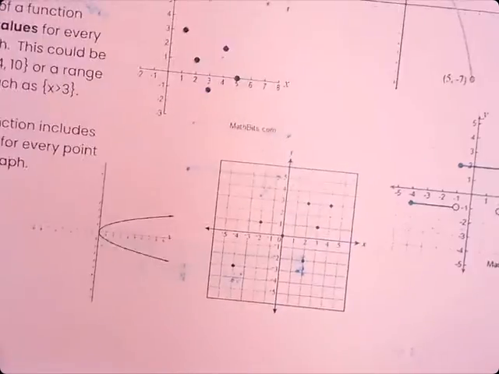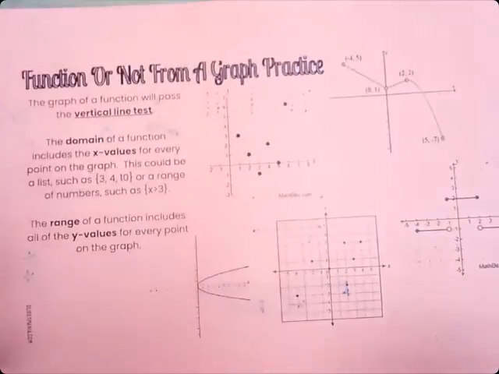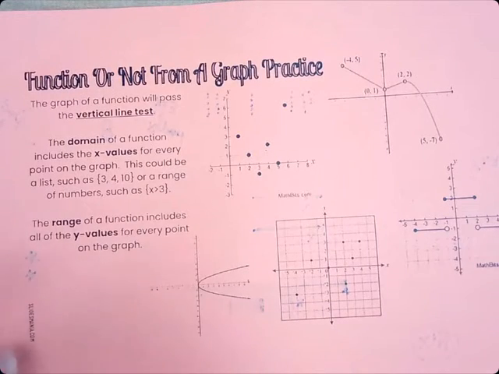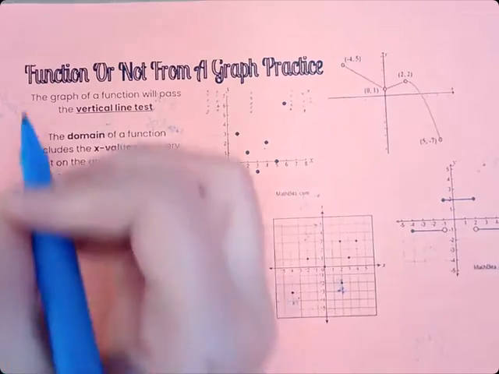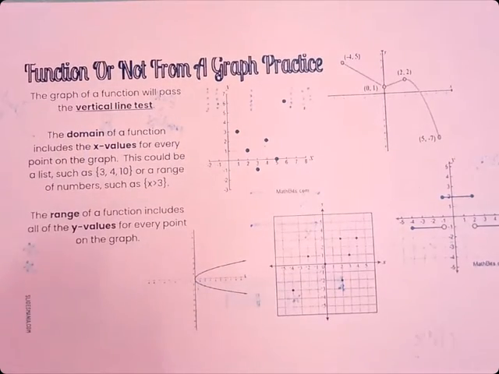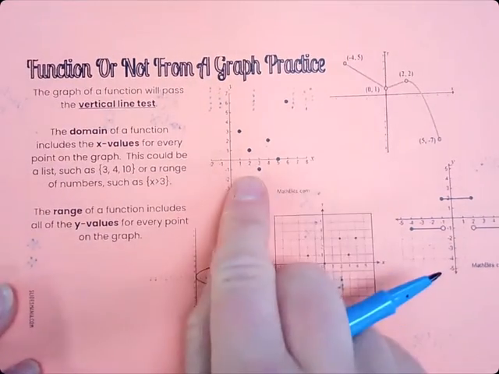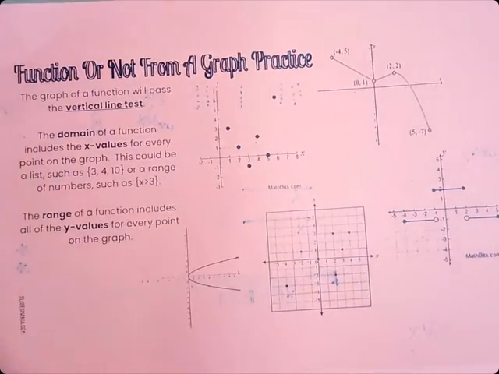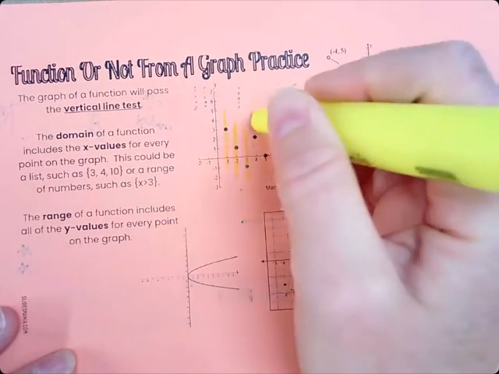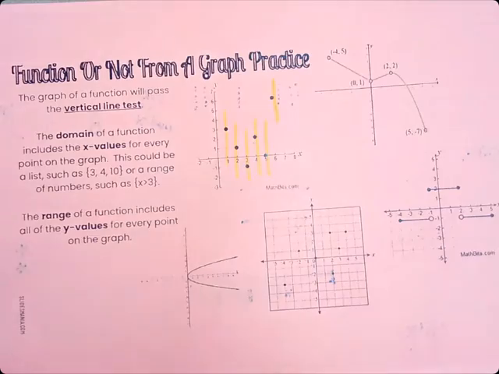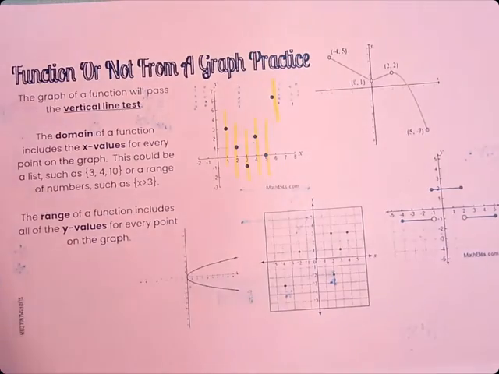All right, so let's look at our practice. We need to determine, is it a function or not? So look at these graphs, and I want you to say function or not. Look at the first one. If we do the vertical line test, yep, it's a function.